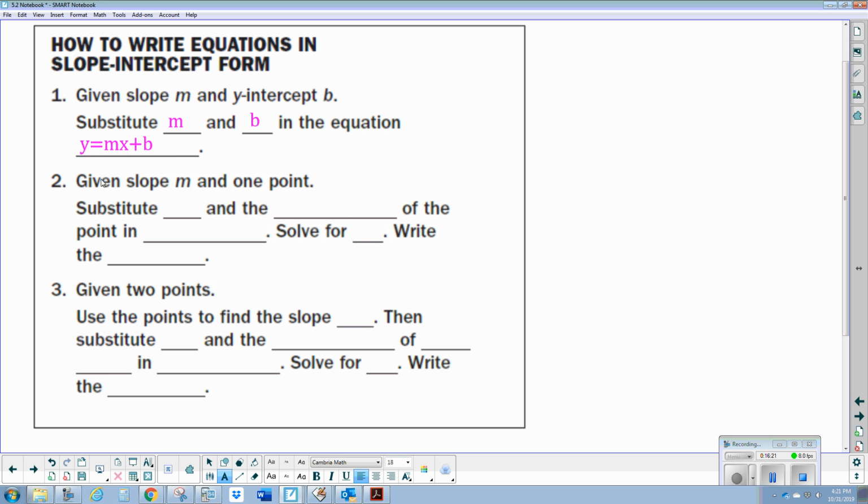If we're given the slope, m, and some other point, then we can substitute m and the coordinates of the point into y = mx + b. But when we do that, we need to solve for b so that we can write the equation.